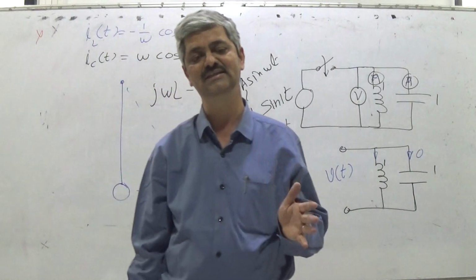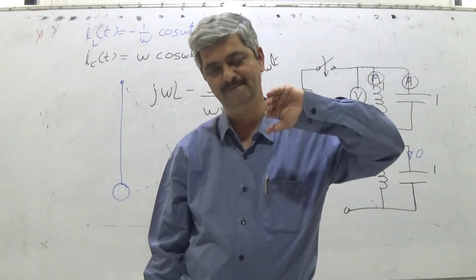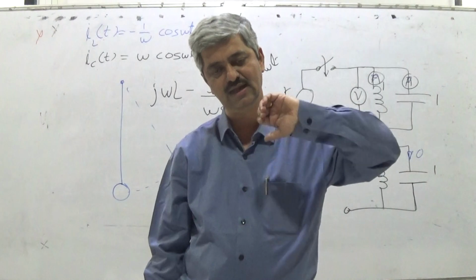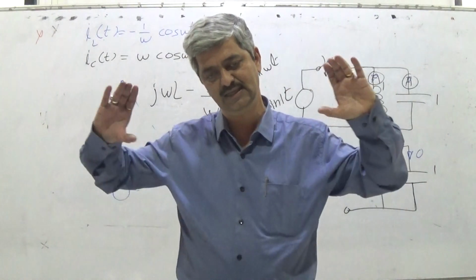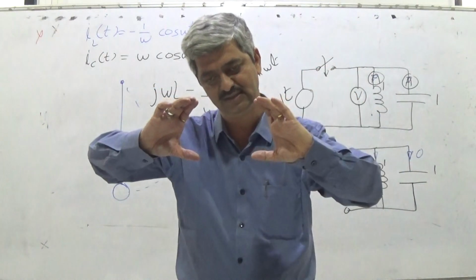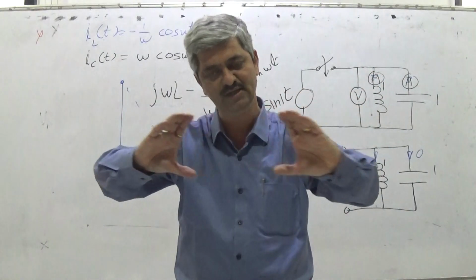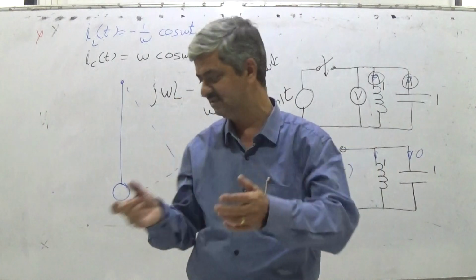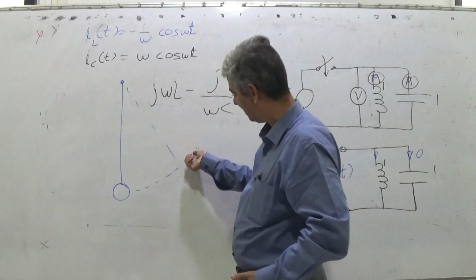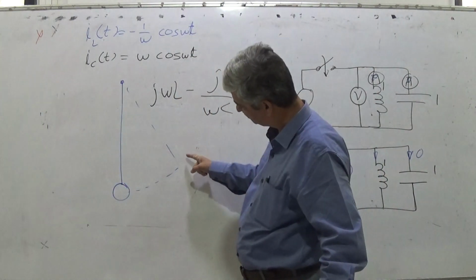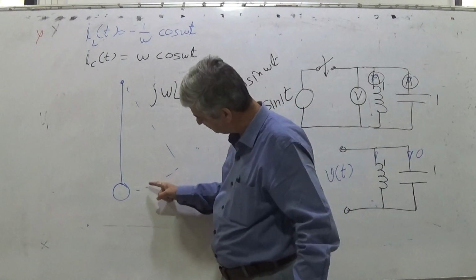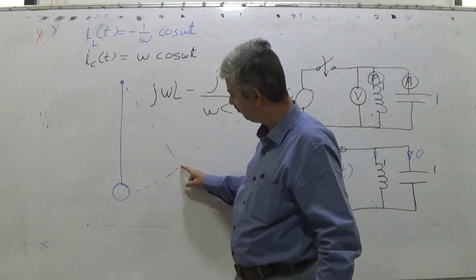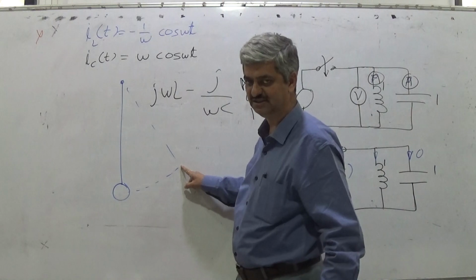because the LC tank circuit, inductor and capacitor connected in parallel with each other, create an environment appropriately with equal and opposite things. I take it on this side, when it comes from this to this, here potential energy is maximum, kinetic energy is 0.